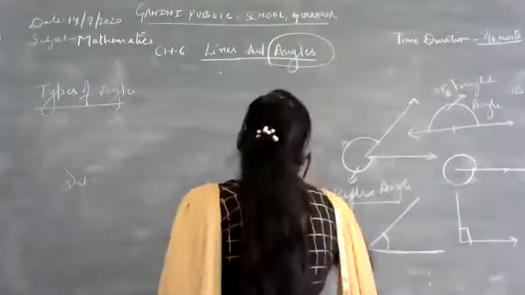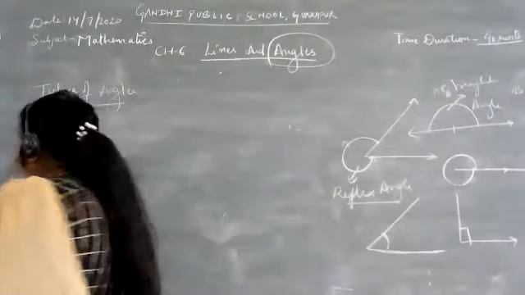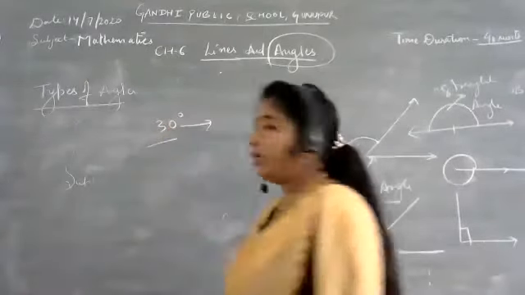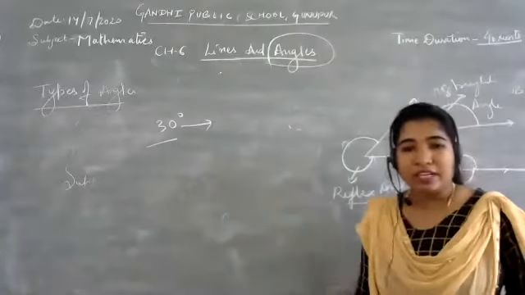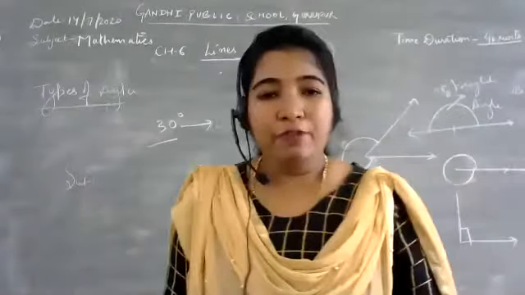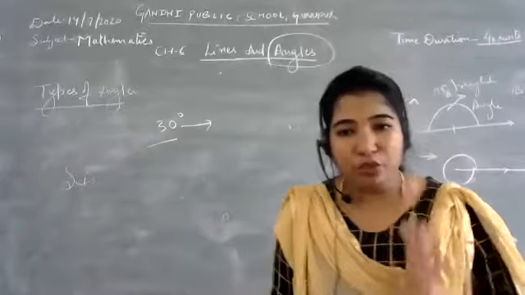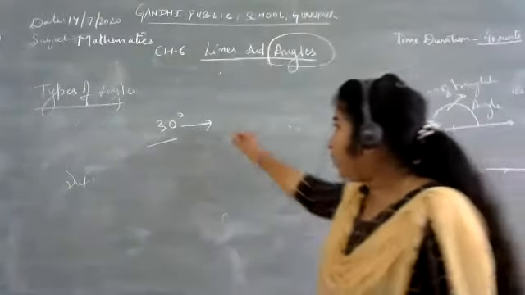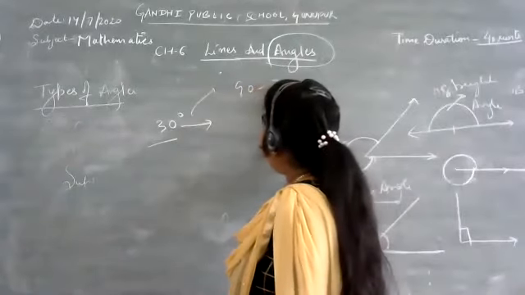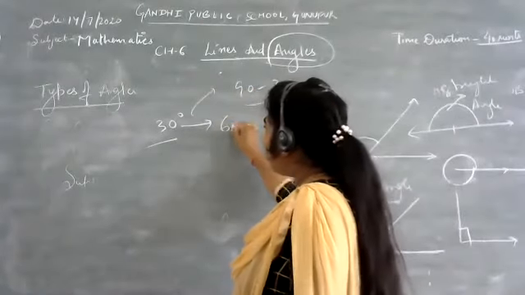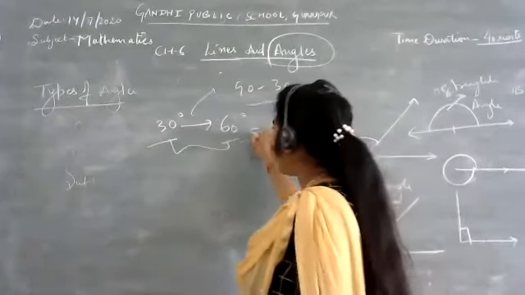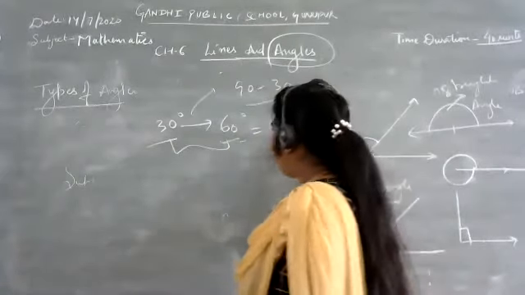See an example. If one angle is 30, what will be its complement? You can use your chat box. The complement will be 90 minus 30, that is 60 degrees, because the sum of these two is 90.